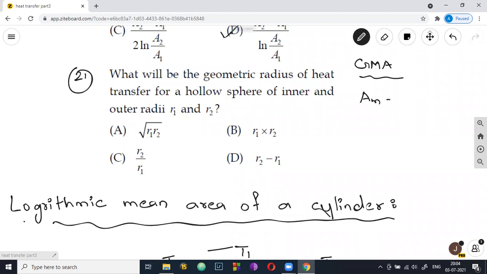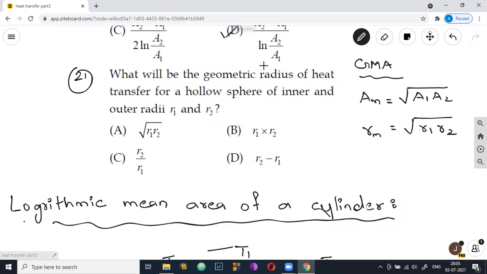AM will be equal to square root of A1 A2. In terms of radius, if you solve it out, it comes out to be RM equal to square root of R1 R2.